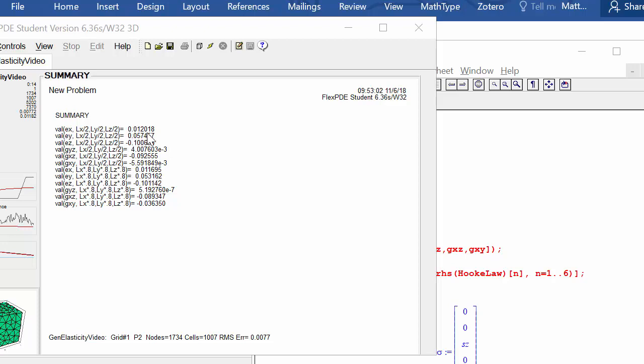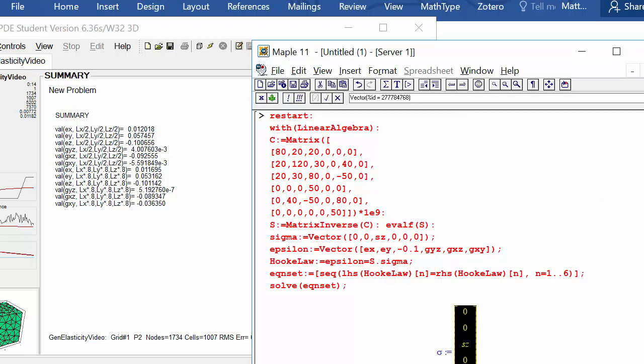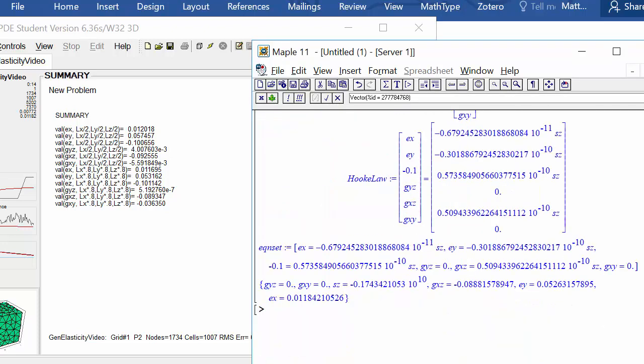So rather than 0.012 strain in X, we've got 0.0117, and so essentially what this is saying is that the actual strains that developed in the cube under this loading condition are not actually 100% uniform in all of the different directions like we assumed when we did this Maple calculation.